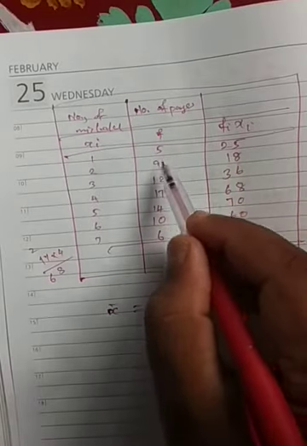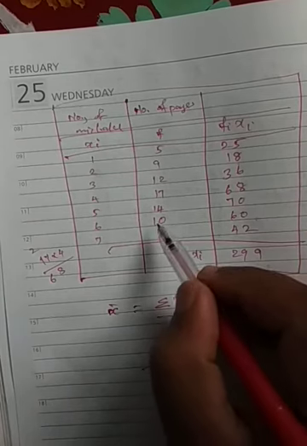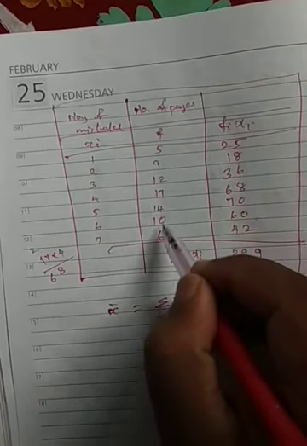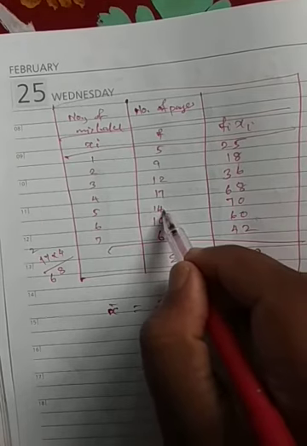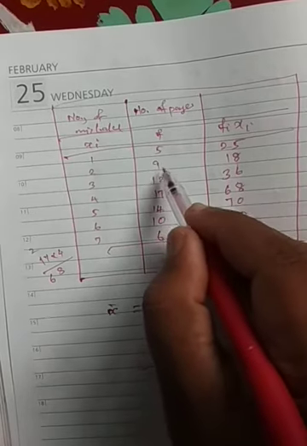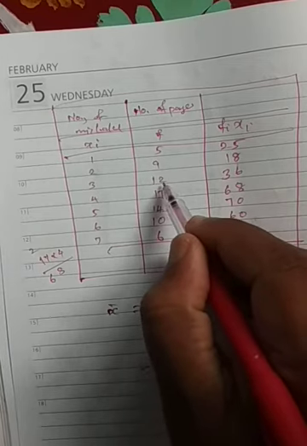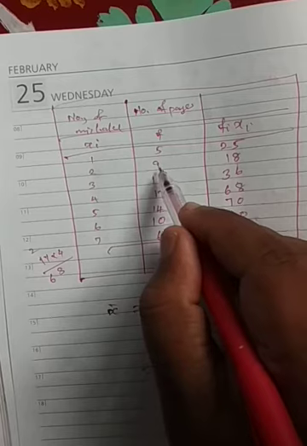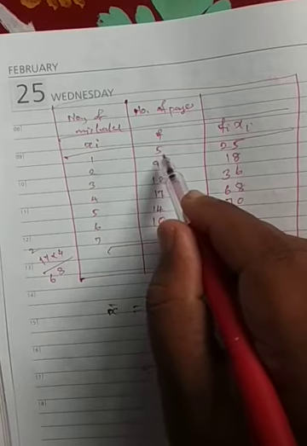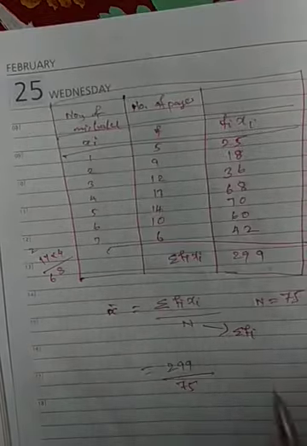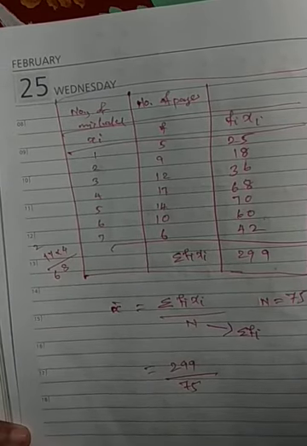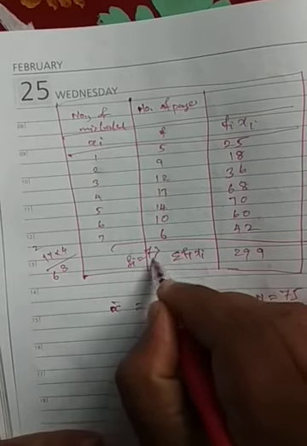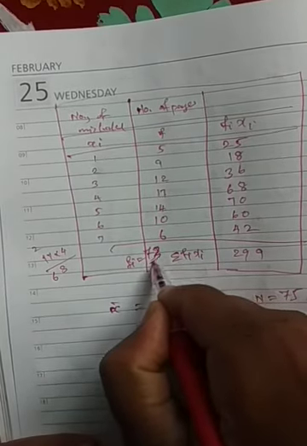So just add it: 5, 14, 26, 43, 57, 67, 73. So sigma fi is 73.